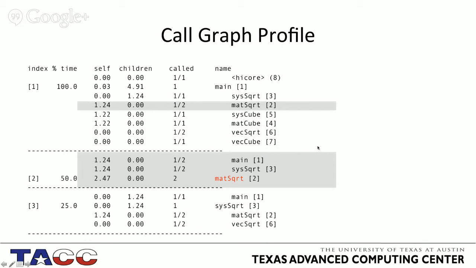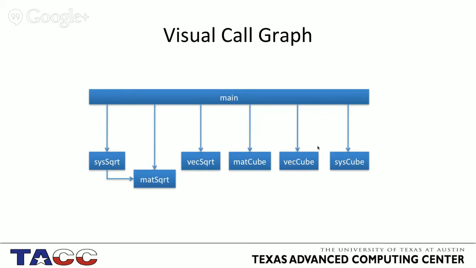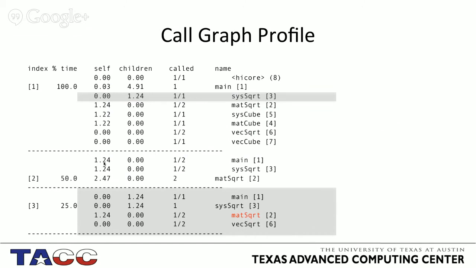So we can go back to the graph that we originally designed, and we can add these calls. So now we have this mat square root, and we see that it's called both from main and from sys square root. And in this way, checking the indexes and the consecutive blocks in the call graph profile, you can build your own call graph profile manually.